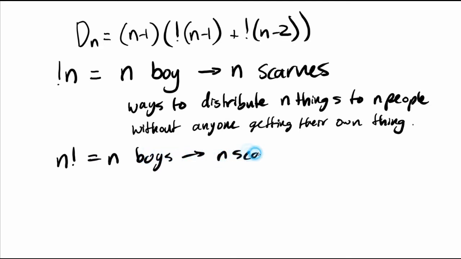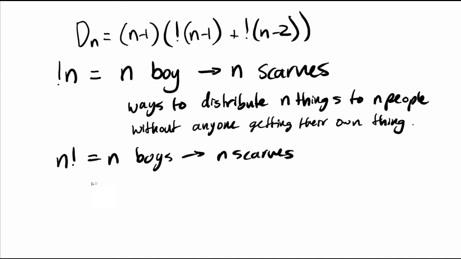I'm not going to write out the definition: it's the number of ways you can distribute the scarves to the boys without worrying about who owns what scarf, so the boys can get their own scarf, it doesn't matter. It's just the total number of ways you can distribute n scarves among n boys. That's what n factorial is. So using these two definitions, I think we can come up with a formula for derangements.